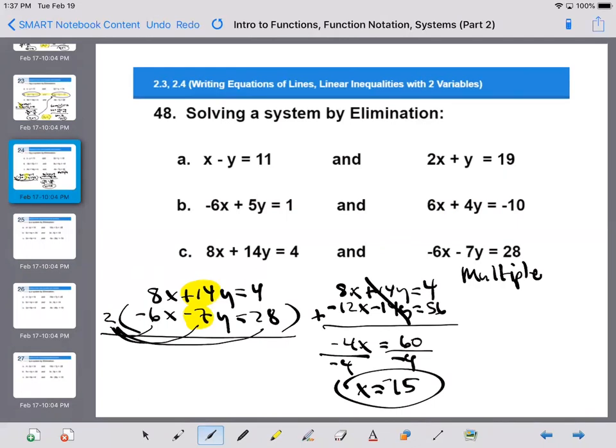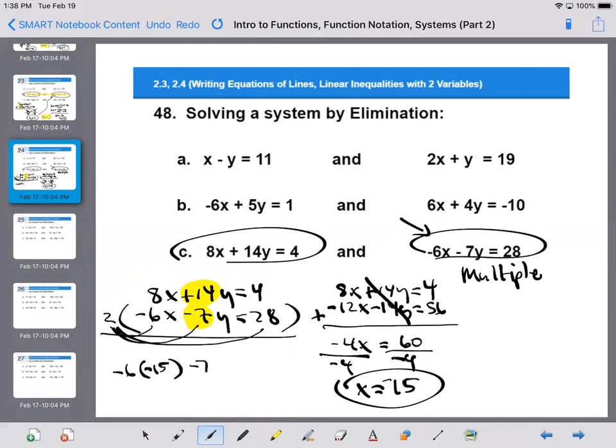Now that I know x is -15, then I'm going to go back to one of these here or here and solve. So I'm going to go to the one over here. So -6 times -15 minus 7y equals 28. And this will be 60 and 30, so this will be 90.